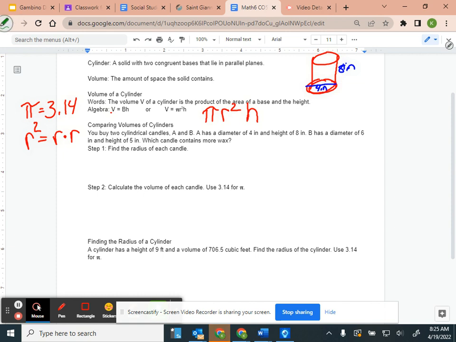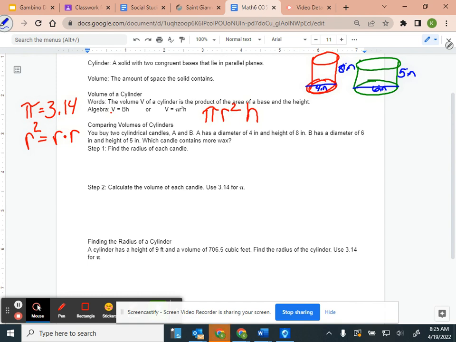Now we have candle B has a diameter of 6 inches and a height of 5 inches. So it's a little bit wider and a little bit shorter. So this diameter is 6 inches and our height is 5 inches.